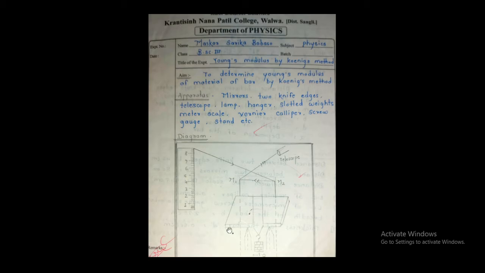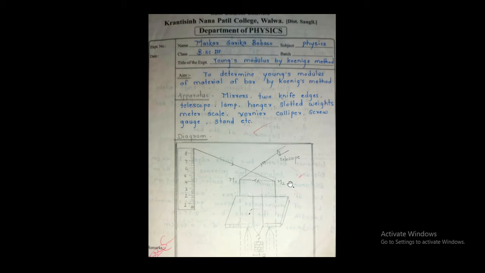Now this is the ray diagram. We see it in detail. It is the vertical scale. It is the horizontal bar with which we can determine Young's modulus as the elastic constant.